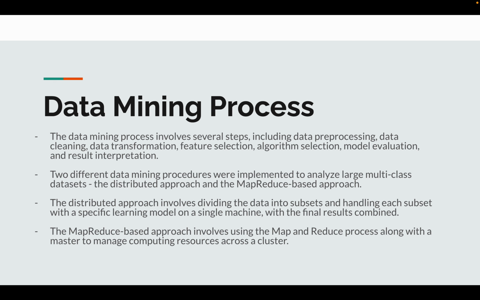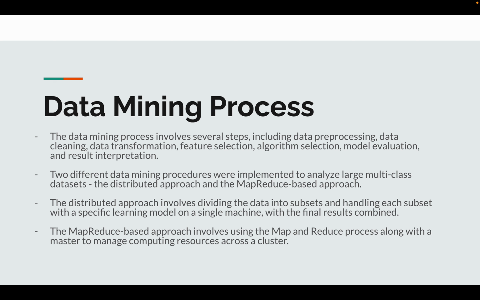Data cleaning is a crucial step in the data mining process as it ensures that the data used for analysis is accurate and reliable. Once the data has been cleaned, the next step is data transformation, where the data is converted into a form that is suitable for analysis. This can include data normalization, where the data is scaled to a normal range to remove any bias.